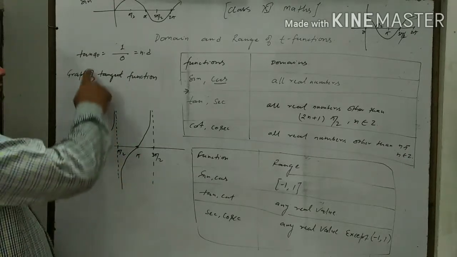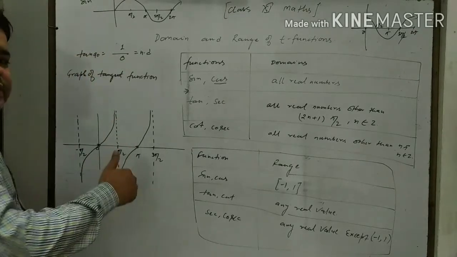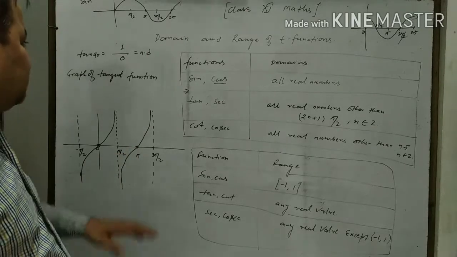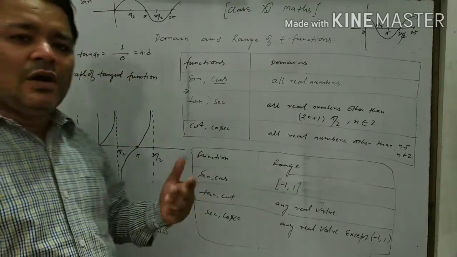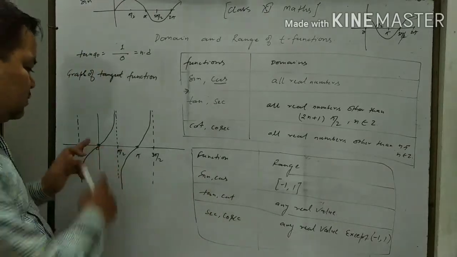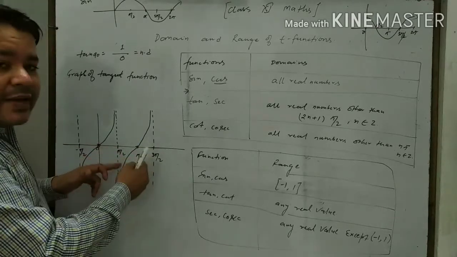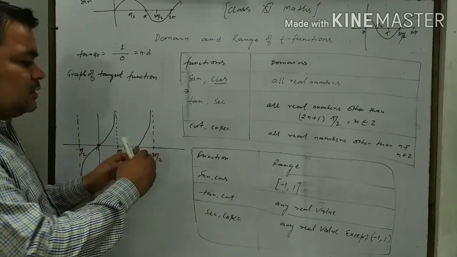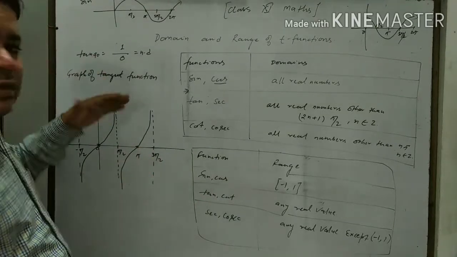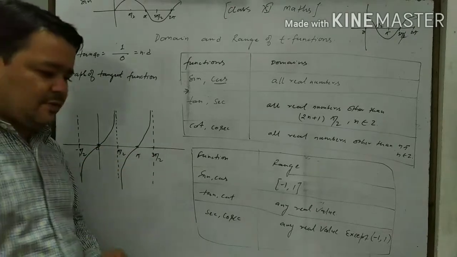The graph of the tangent function is repeated after pi. Therefore, we can say that tangent is also a periodic function whose period is pi. Means after pi again the graph is repeated. Therefore, the tangent is periodic function and its period is only pi.